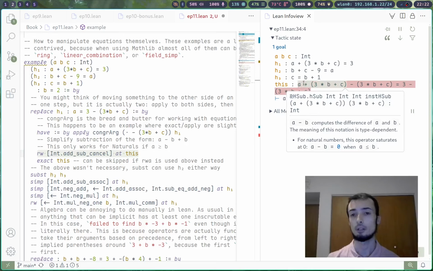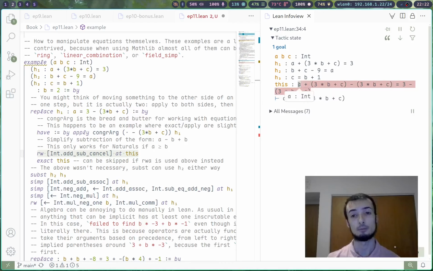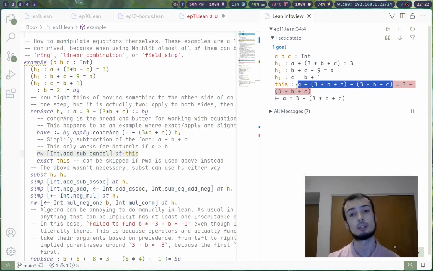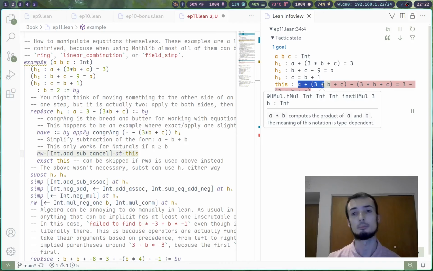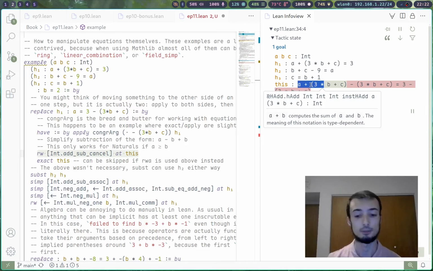This would work for natural numbers, but if you were trying to cancel subtraction of the form a minus b plus b, that would not work for natural numbers unless you had a proof that a was bigger than b. You're not allowed to cancel subtraction, or do anything with it, in natural numbers unless you have a proof that the subtraction is possible.